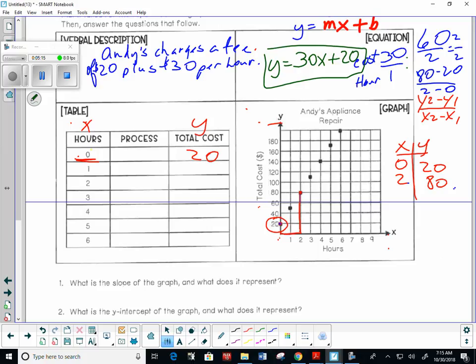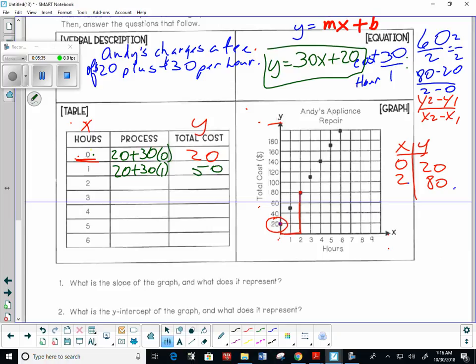So here's our process. I'm going to start with what we started with, 20 plus 30 times, and we insert 0. That's a true statement. So 20 plus 30 times what, guys? 1. So that's 30 plus 20, which gives us 50.